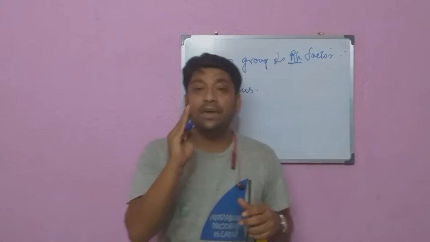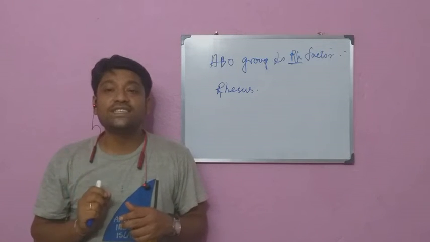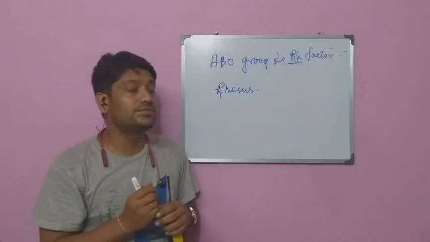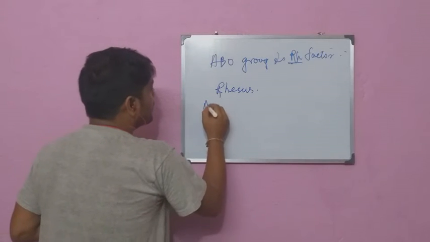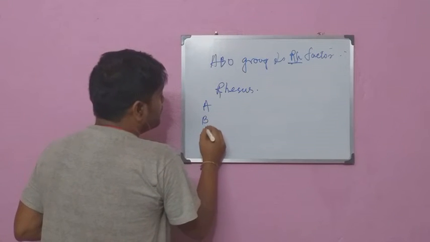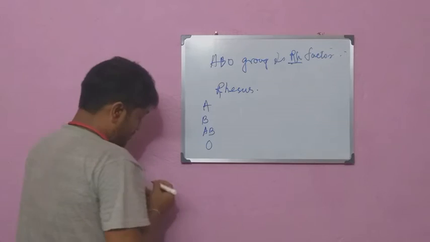The ABO blood group system consists of 4 types of blood group. Very important: A group, B group, AB group, and O group.